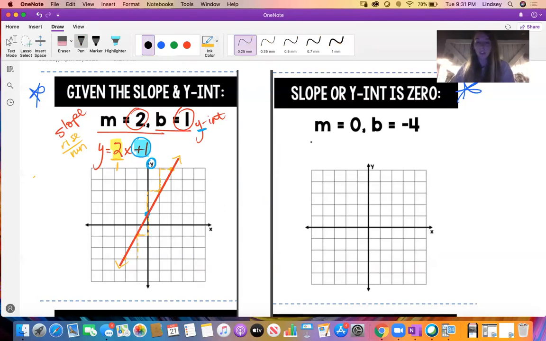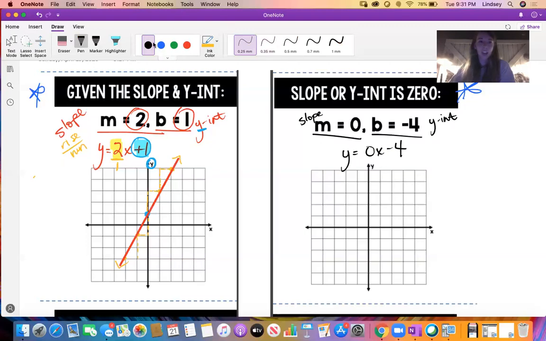Hopefully that is all familiar to y'all. Nothing new there. All right, so we're going to do the same thing here. This one, we're going to be graphing a line where the slope or the y-intercept is 0. In this case, our m is 0, so that's our slope. And then it says the y-intercept is -4. So our equation would look like this.